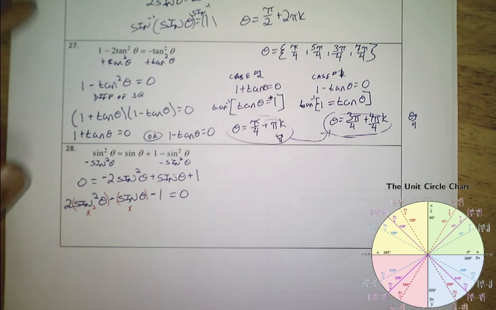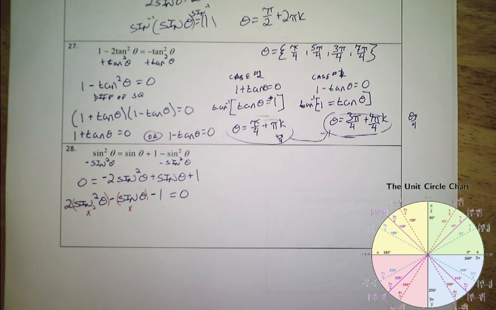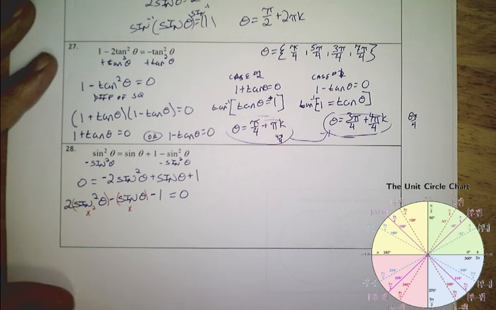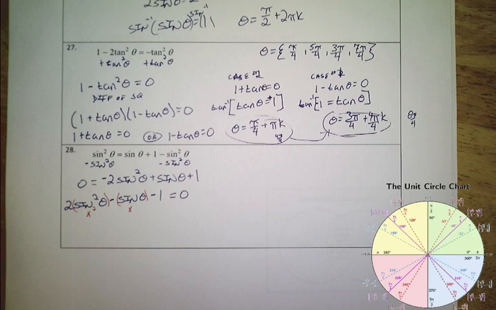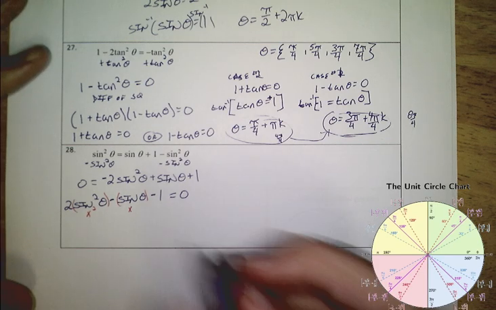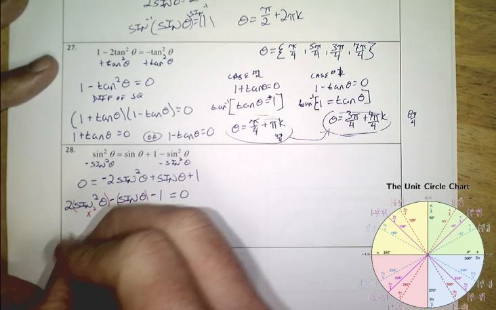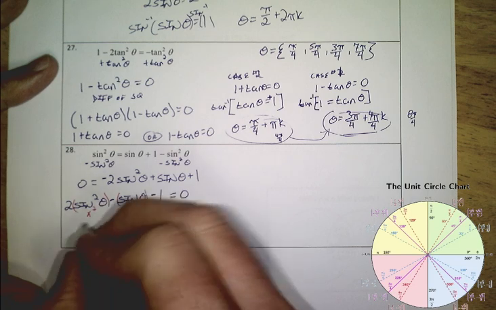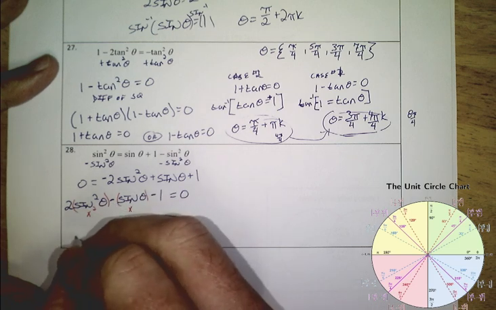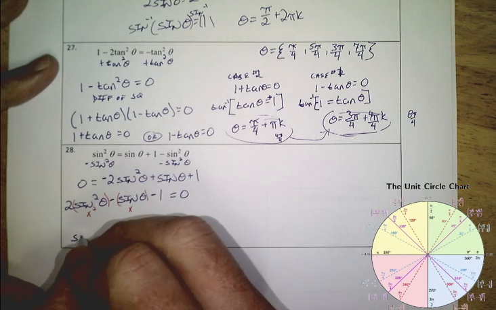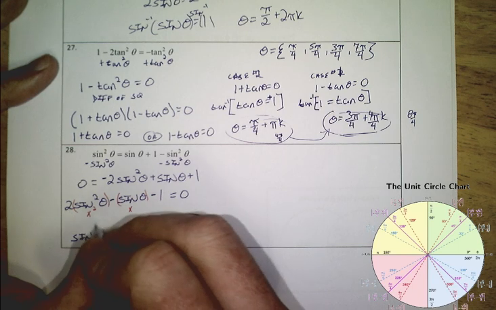We just need to solve it, which we can do with the quadratic formula, or we can do it by factoring. Totally up to you guys. I'm going to try a slightly more challenging way and try to factor it using the x method. So if we divide by 2, I just want to see if this will work. And if it doesn't, I'll just use the quadratic formula.